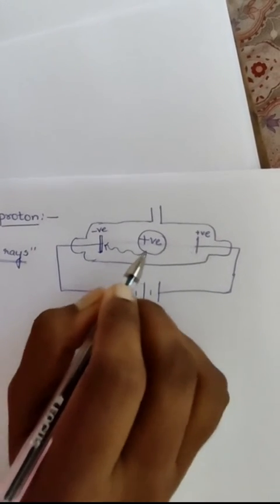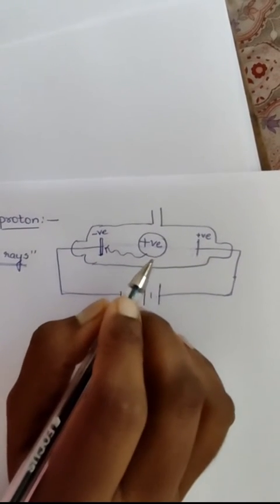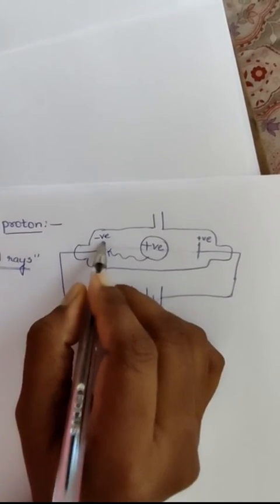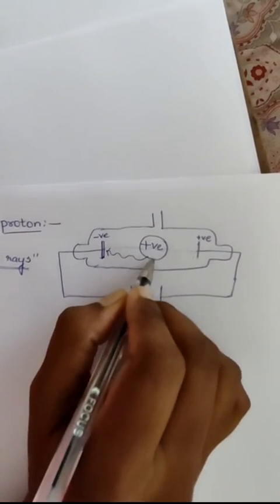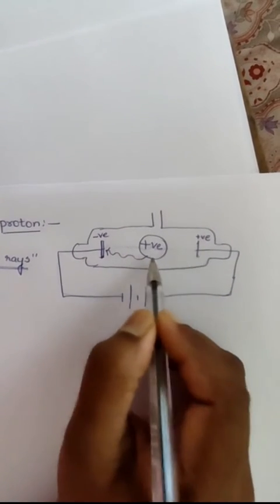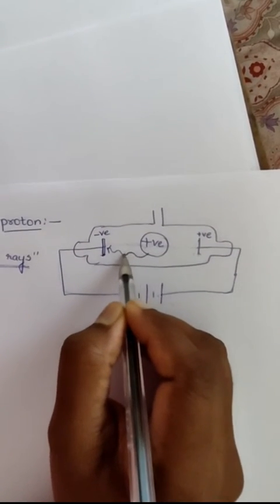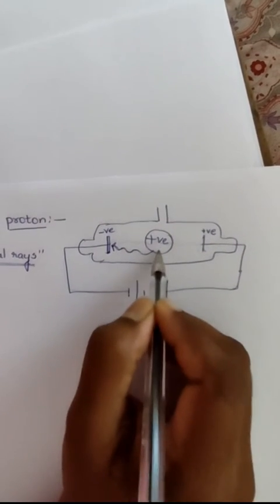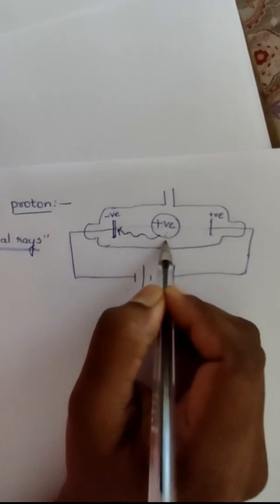Keep in mind that cathode rays originate from the cathode, but these canal rays do not originate from the anode, and these rays move towards the cathode, which means they are positively charged.